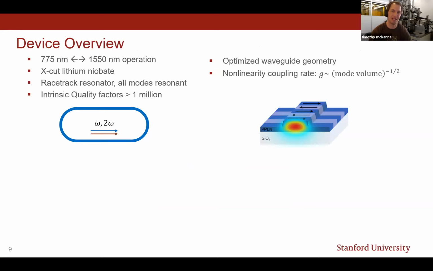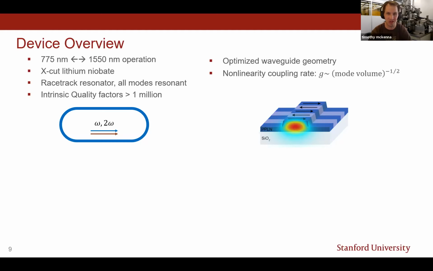So the X-cut lithium niobate lets us have the extraordinary axis of the lithium niobate crystal transverse to the waveguide, which lets us have an interaction between the fundamental TE modes, the transverse modes of the waveguide. We were able to achieve intrinsic quality factors over 1 million, even with all of the processing.